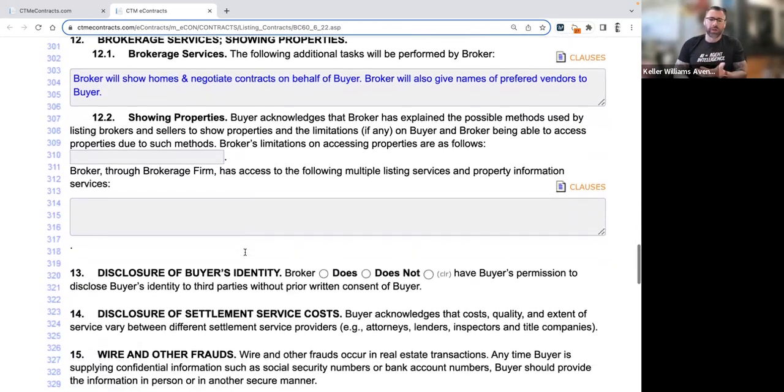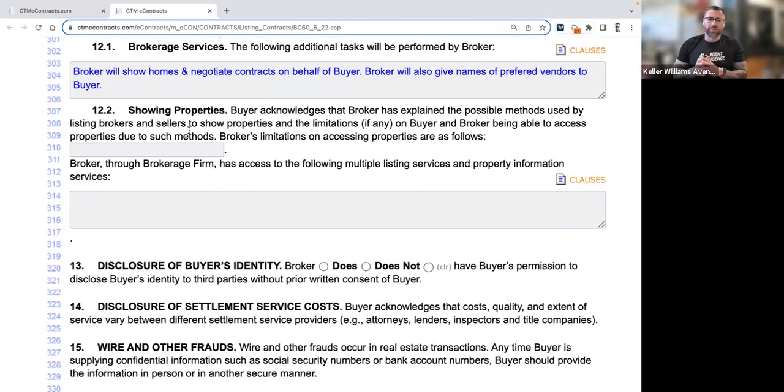So, showing properties. We go through, and it says, buyer acknowledges that the broker has explained the possible methods used by listing brokers and sellers to show properties and any limitations, if any, on access. Broker's limitations on accessing properties are as follows. I would go with none.